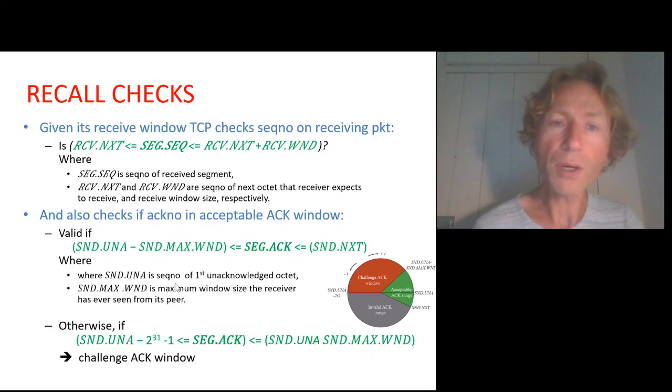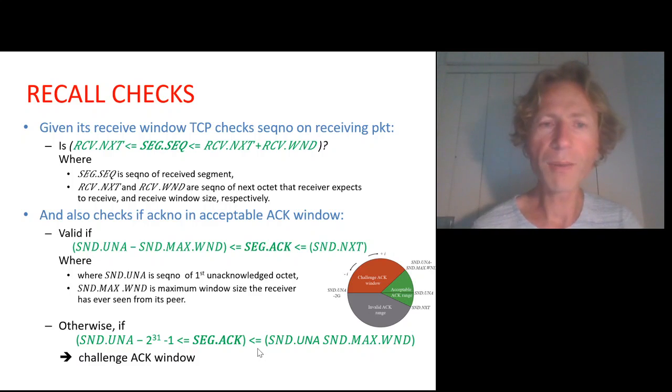If not, if it's in the window before that, so that seq.ack is greater than the first unacknowledged byte minus 2 to the power 31 minus 1, and less than the sender's first unacknowledged byte plus the sender's maximum window size, then it's in this ACK window.